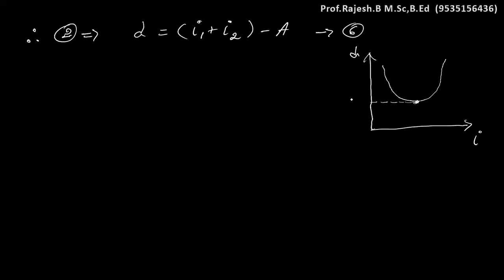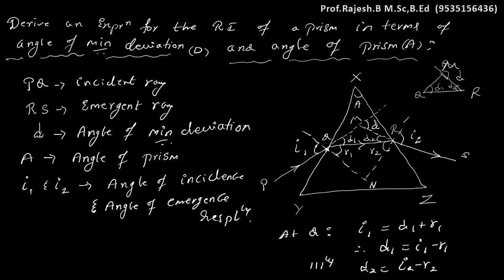We write this as capital D. This is the minimum deviation point. At this point, angle of incidence I1 will be equal to I2 and R1 will be equal to R2. See this prism diagram, if I1 and I2 are equal, the deviation value becomes very minimum. Such deviation is called minimum deviation.